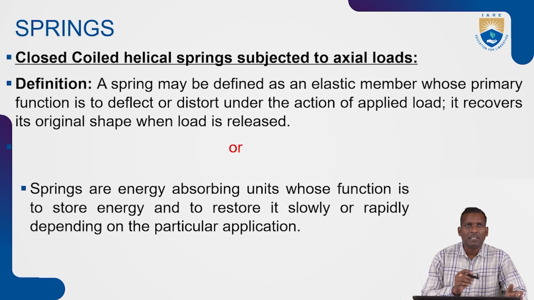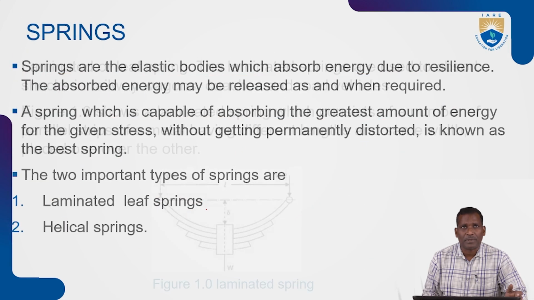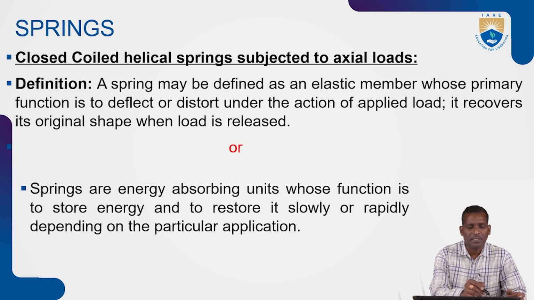Another, the second type, is closed coiled springs. So we have laminated springs and helical springs. Helical springs are nothing but closed coiled helical springs. There are two types again, closed coil and open coil. The closed coil helical springs are subjected to axial loads. So what is the definition?